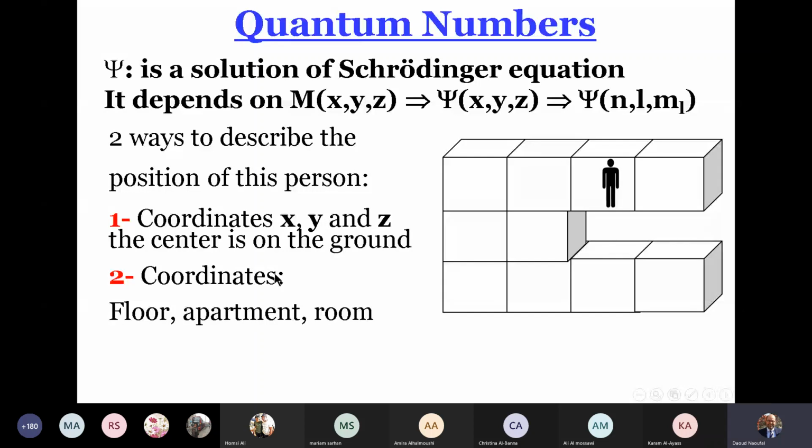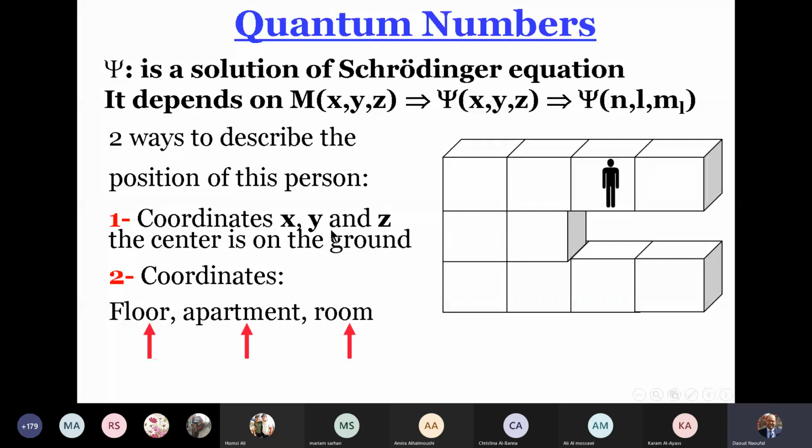But it's easier, for example, to say I am going to this person that is found at floor 5, in apartment 2, in room 3. So I can locate this person more easily than by using X, Y, and Z coordinates.